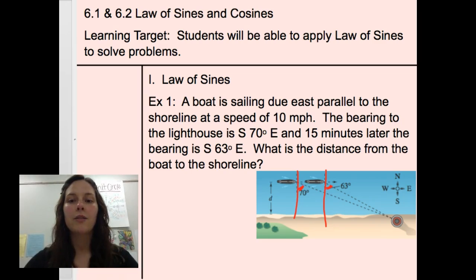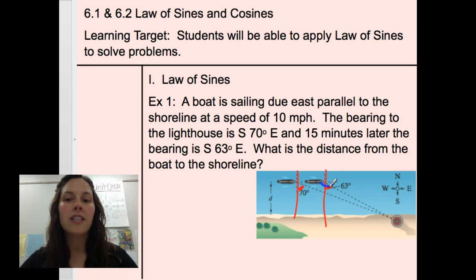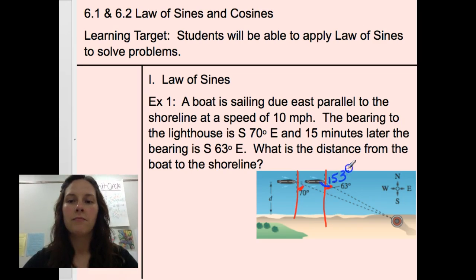The first thing that I did was finish filling in this angle that the boat makes with that lighthouse, knowing that that north-south line is perpendicular to the east-west line that the boat is traveling. So I added 90 degrees to the 63 degrees, and I have a total of 153 degrees for that angle.